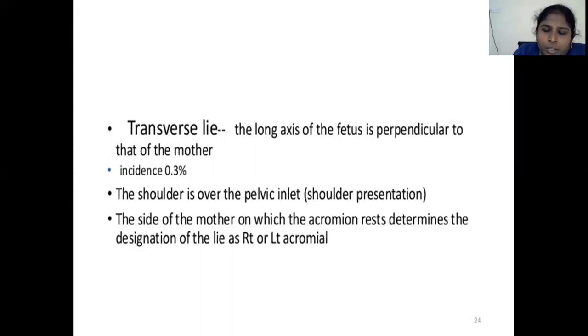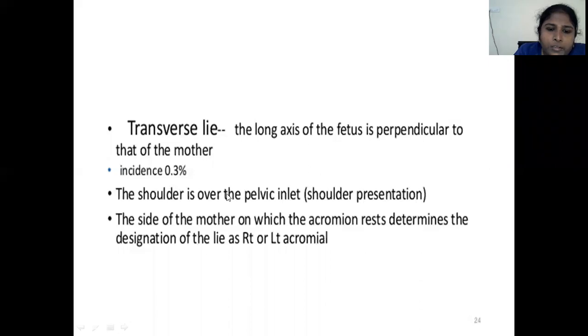If the long axis is parallel to the long axis of the mother, it is longitudinal lie. If it is perpendicular to the long axis of the mother, it is transverse lie. If the long axis is oblique to that of the mother, it is oblique lie. So transverse lie means the long axis of the fetus is perpendicular to that of the mother.